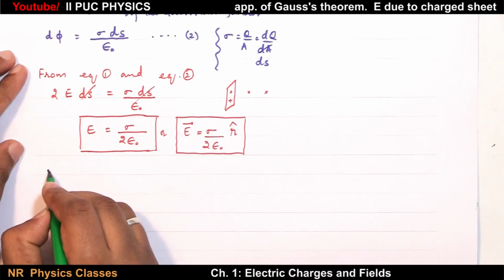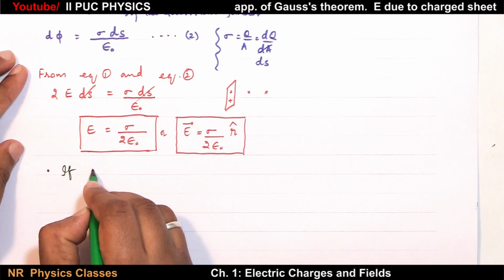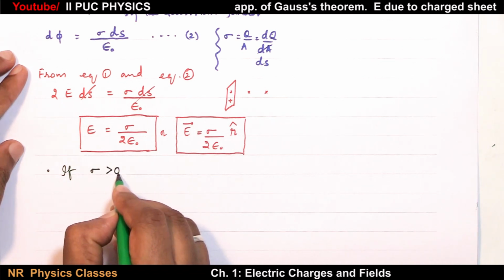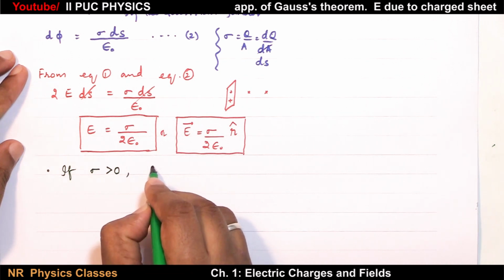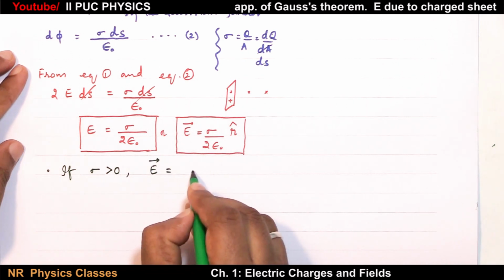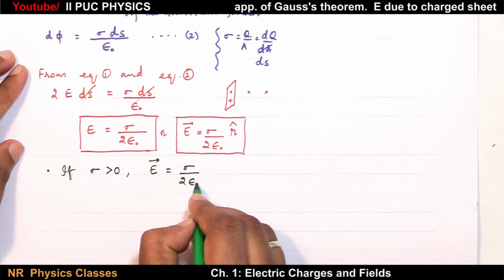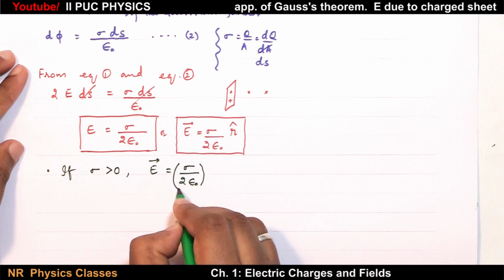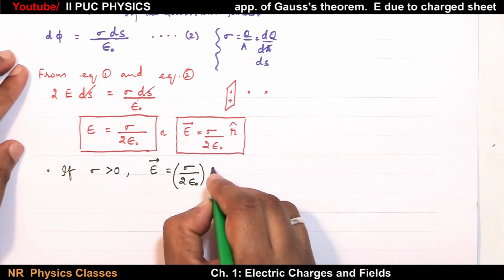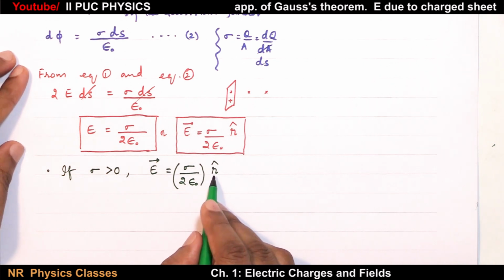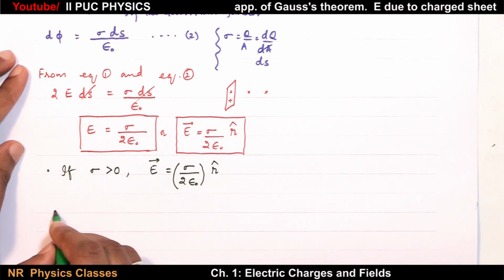Special cases. If surface charge density greater than 0, means for a positive charge, electric field is sigma by 2 epsilon naught plus r cap, this represents outward flux.